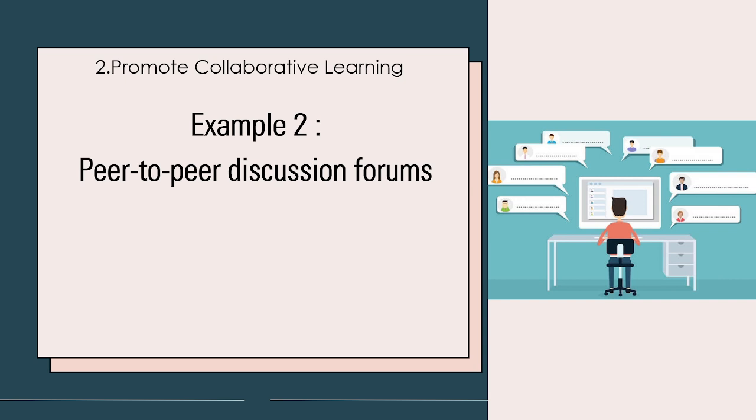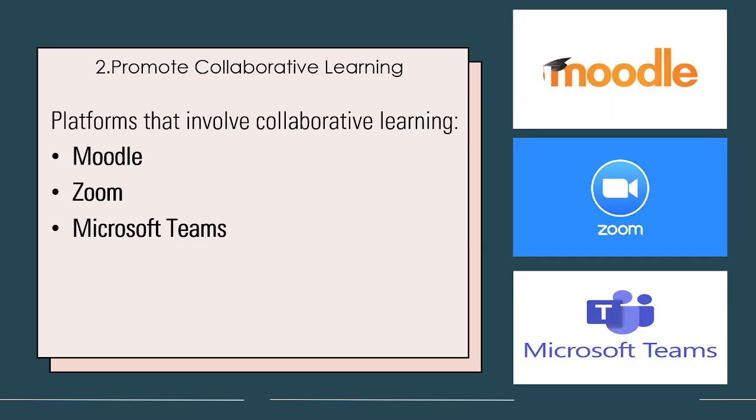Platforms like Canvas or Moodle allow instructors to create discussion threads where students analyze case studies and provide feedback to their peers. Collaborative learning also benefits from real time interaction. Virtual breakout rooms in Zoom or Microsoft Teams enable small group discussions, allowing students to brainstorm solutions to problems and report back to the larger class.